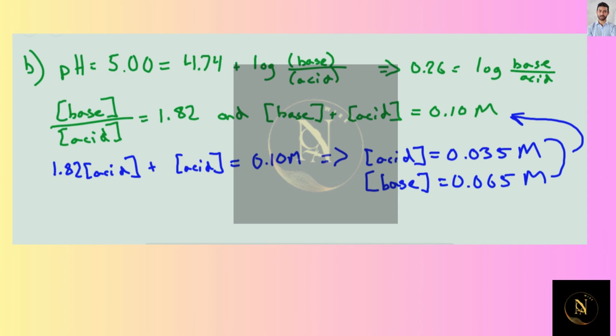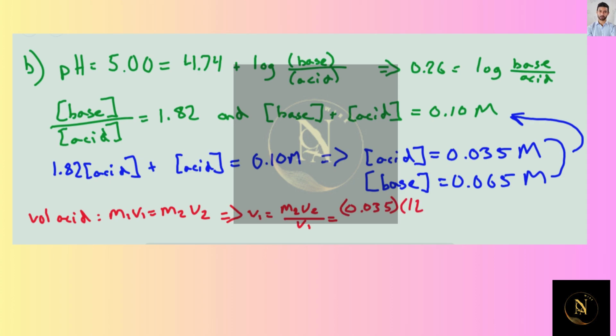So the volume of acid we can calculate just by using M1V1 is equal to M2V2. So V1 is equal to M2V2 over M1, which is equal to 0.035 times 1 liter divided by 0.10.